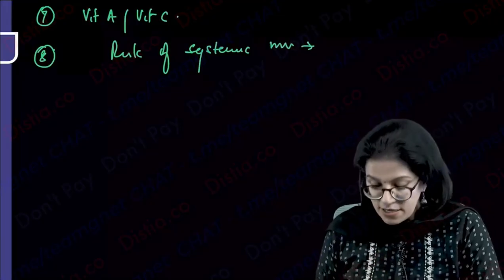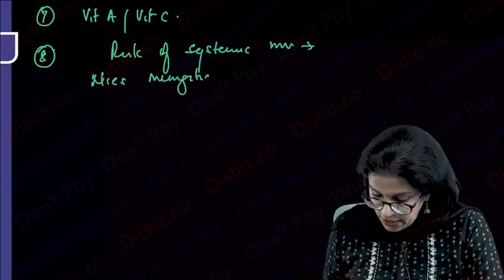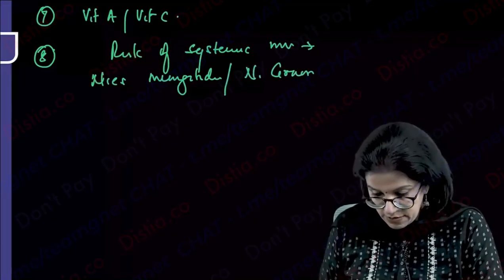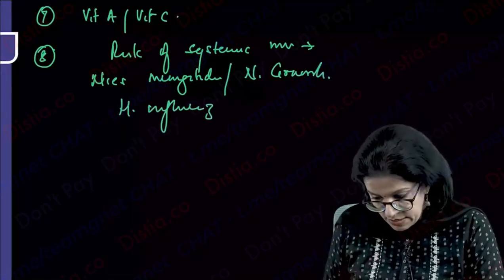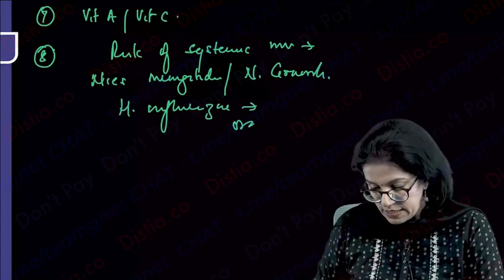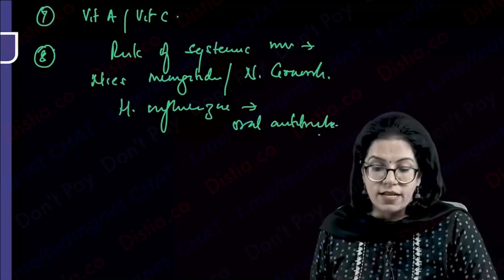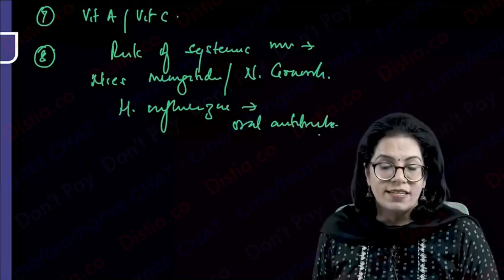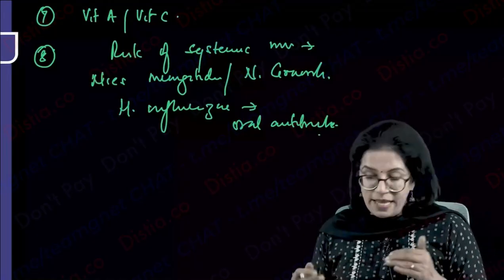Both Neisseria meningitidis and Neisseria gonorrhoeae, and also H. influenzae. In these cases, I may start with oral antibiotics. Children are at high risk for this, and we have discussed this in conjunctiva regarding neonatal ophthalmia. So this was about your management.